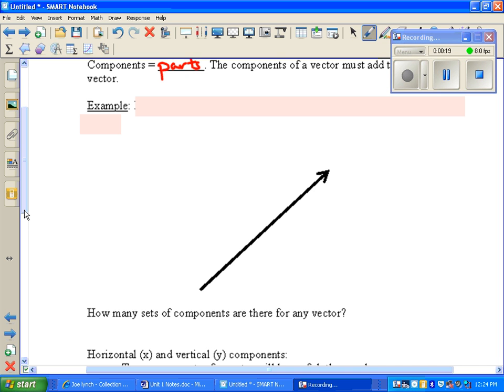Here's a vector. I can take this vector here, call that vector A, and add it to vector B. A plus B equals, we can call this vector R for result, maybe.